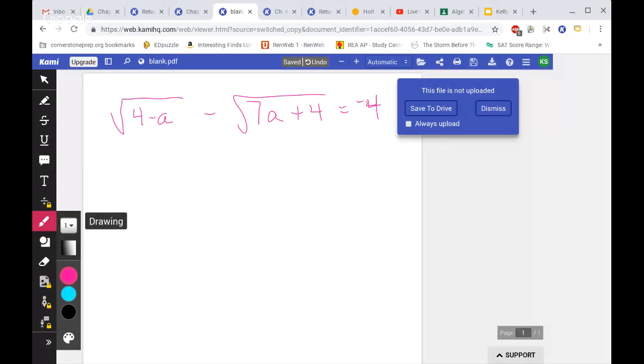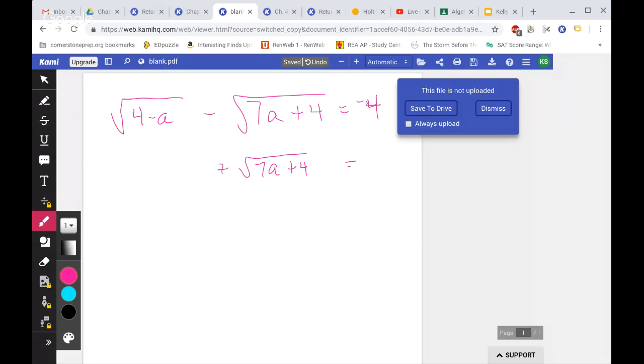All right. So I'm going to go ahead and get this radical over on the other side. I shouldn't have written that. I'm going to get the 7a over to the other side, so that when I'm squaring it, because I could square it on this side. That is definitely an option.